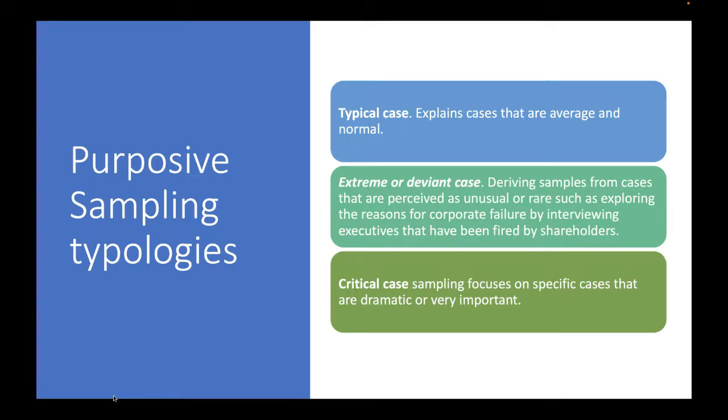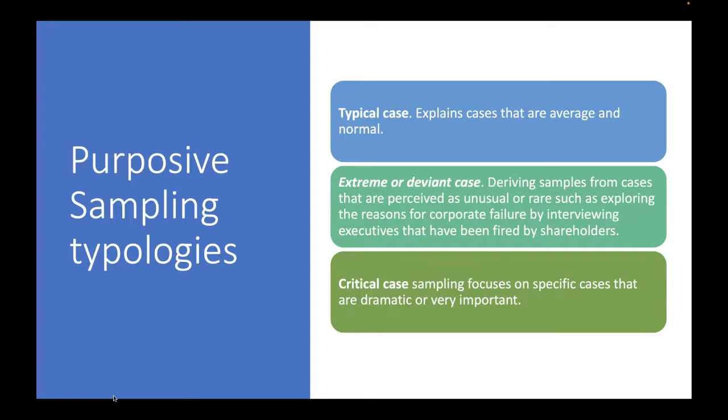They're prisoners, but they're so goody two shoes that they don't represent an average prisoner. But I also want those who deviate by virtue of being so bad in prison that they spend all their time in sole confinement. Now, that's extreme or deviant case purposive sampling.